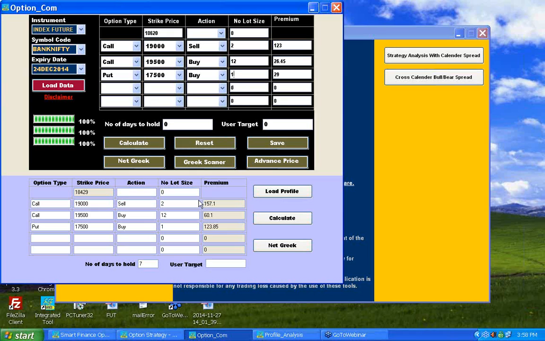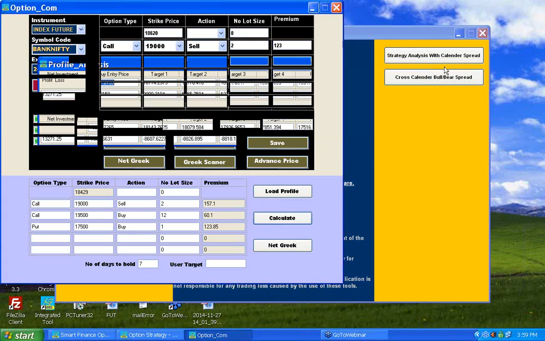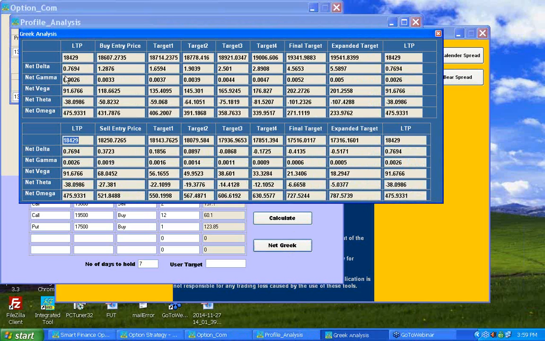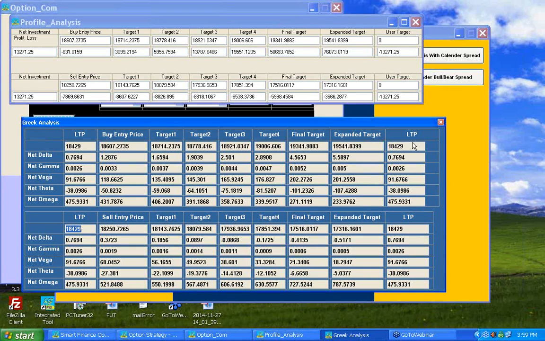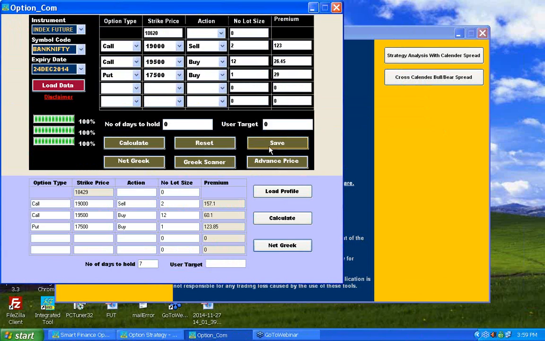So currently this is the premium; 5 days back it had this premium. If I go for calculate, this was my profit and loss analysis at that particular time, and if I go for the net Greek analysis, the Greek at that particular time was 0.76. So what is the Greek currently?